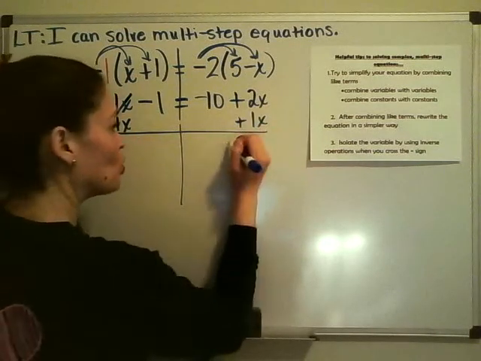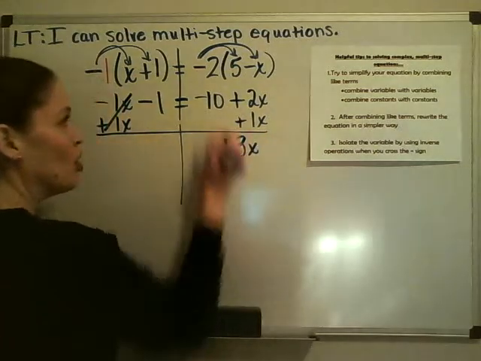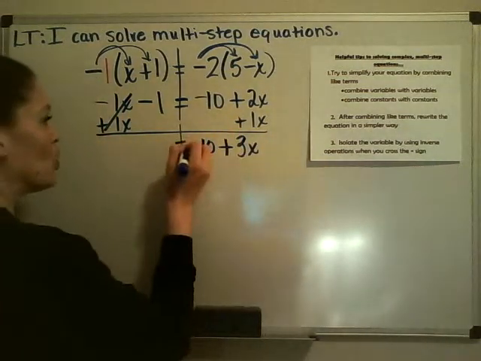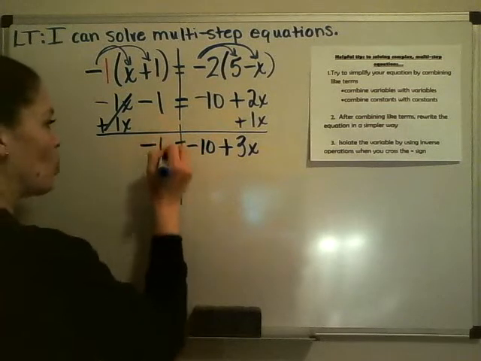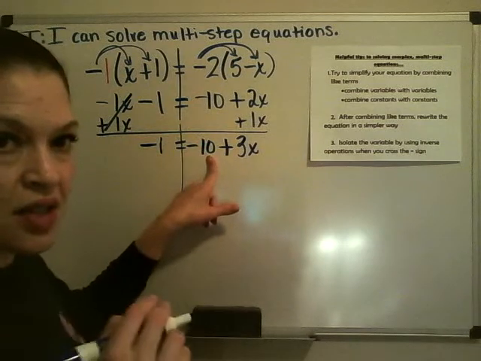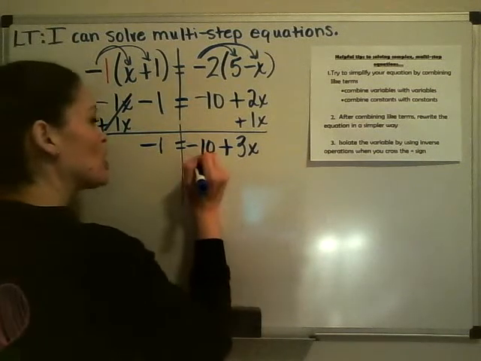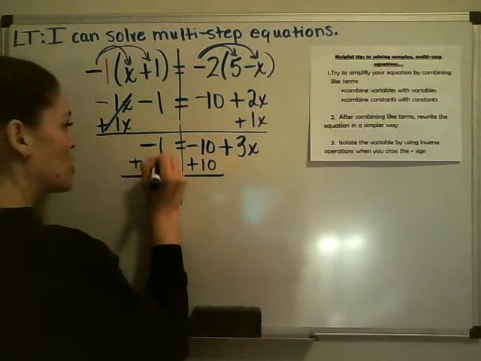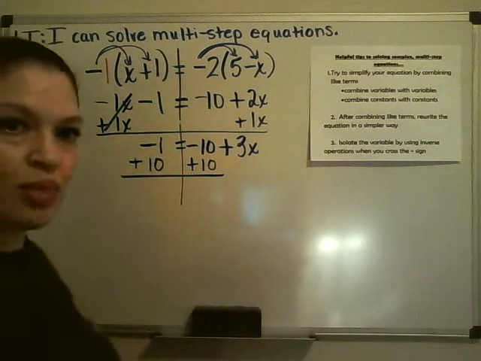It's positive, so you have to say that. Bring down your -10 equals -1. All right, that -10 has got to go. So we're going to say plus 10, plus 10. What's -1 plus 10?